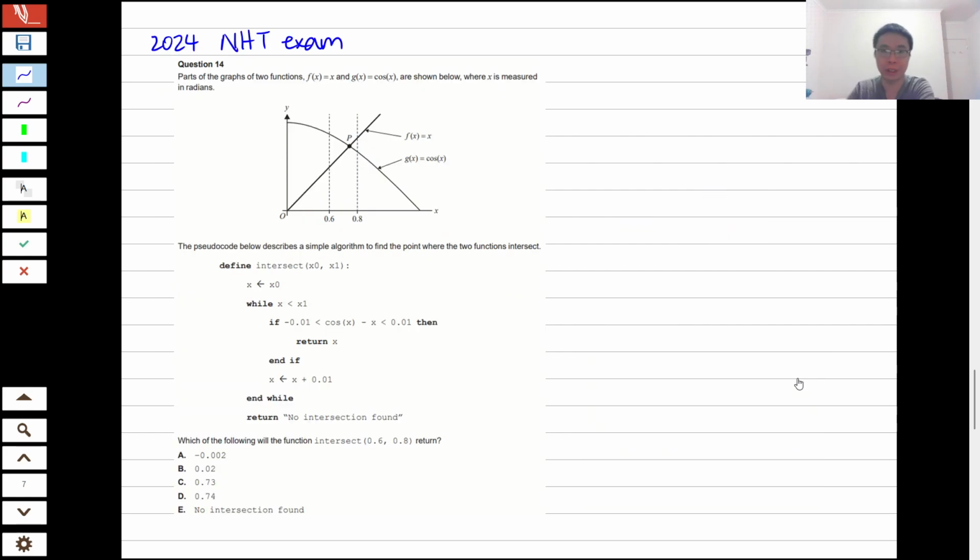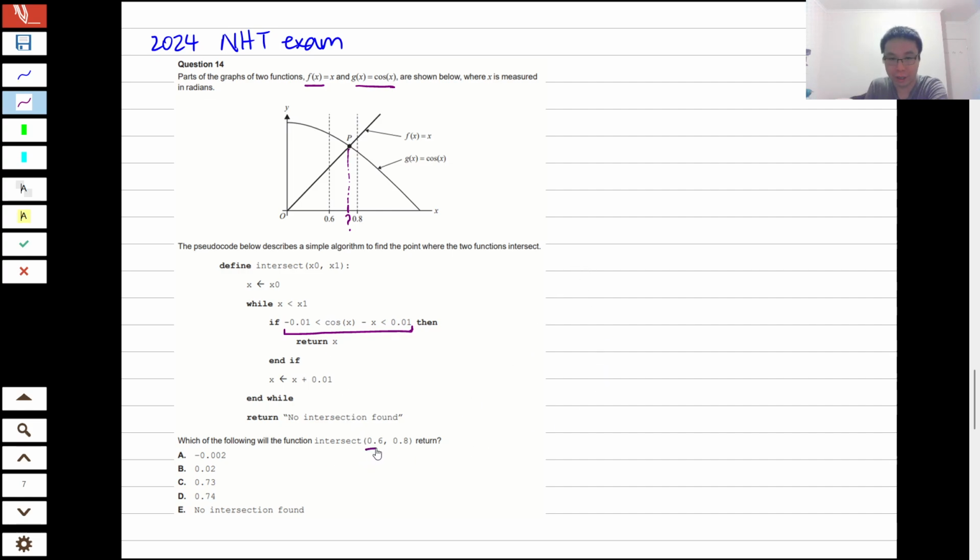Here we are given 2 functions, f of x equals x, and g of x equals cosine of x. And what we're asked to do is to find the x-coordinate of the intersection between these 2 graphs. Now, the way that we're going to do this is we're going to say the difference is between minus 0.01 and positive 0.01.